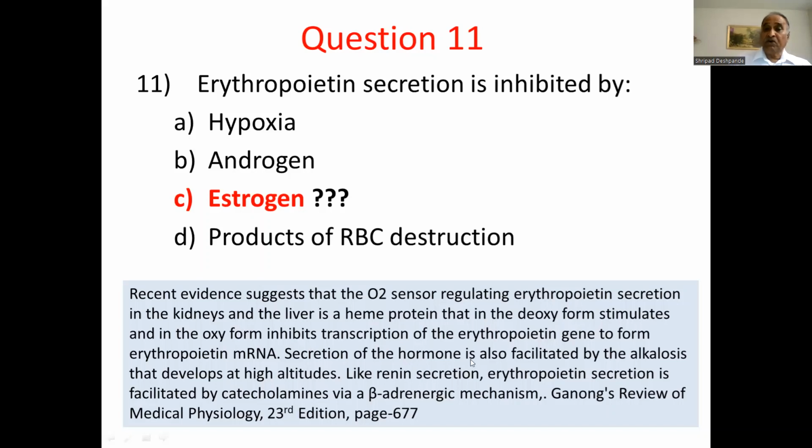Secretion of the hormone is also facilitated by the alkalosis that develops at high altitude. So this one is stimulated by androgens, hypoxia, and cell destruction. Erythropoietin secretion is also facilitated by catecholamines and beta-adrenergic mechanisms.